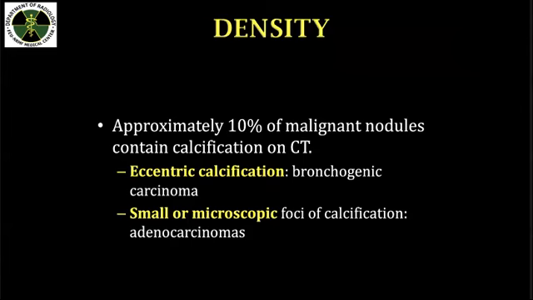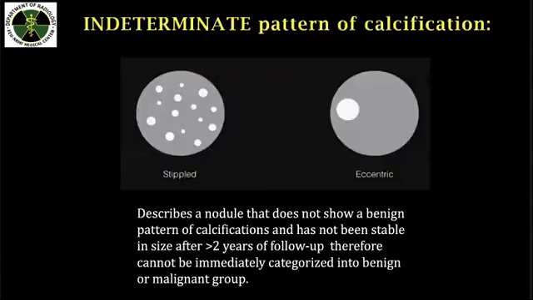So we have high malignancy, then indeterminate. For your indeterminate patterns of calcification, we have the stippled and eccentric. It is described as a nodule that does not show a benign pattern of calcification and has not been stable in size after greater than 2 years of follow-up. Therefore, it cannot be immediately categorized into benign or malignant groups.